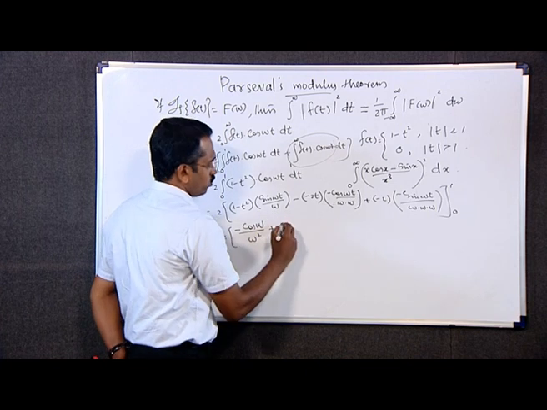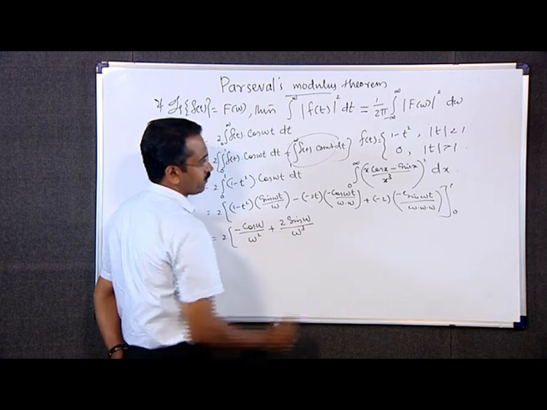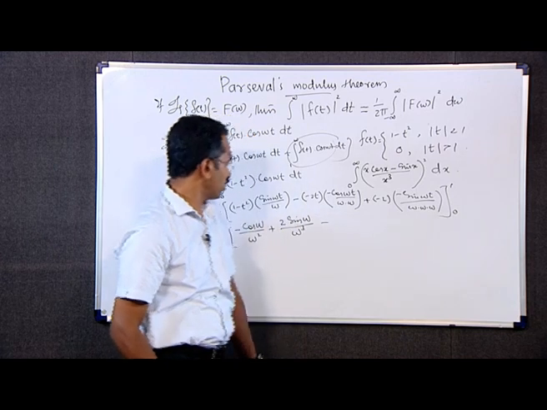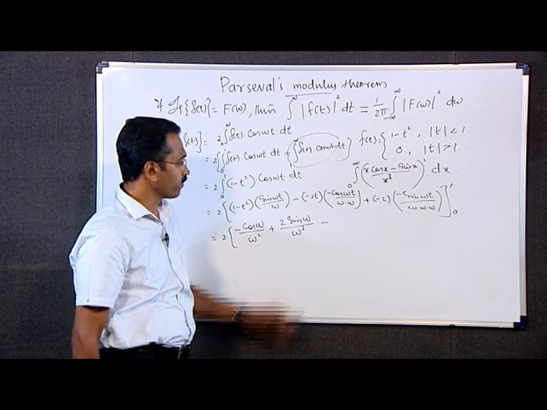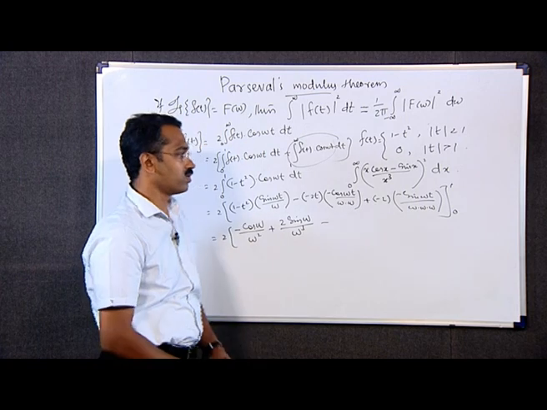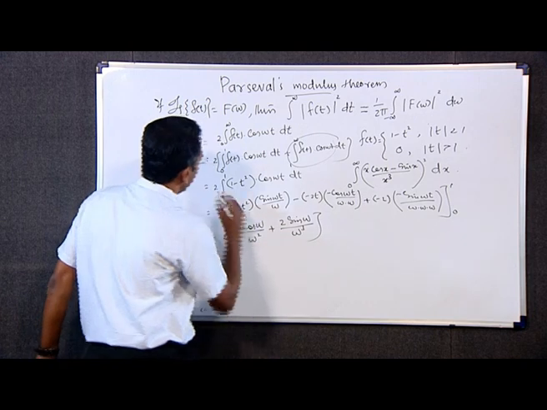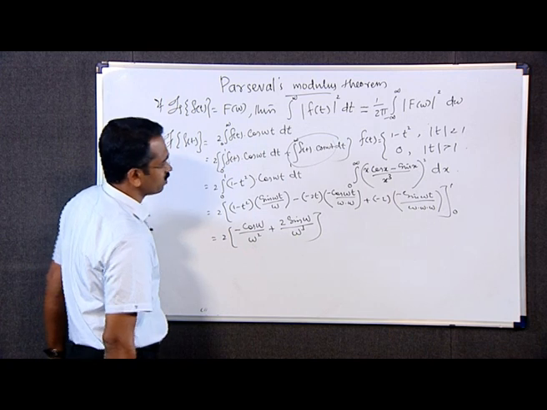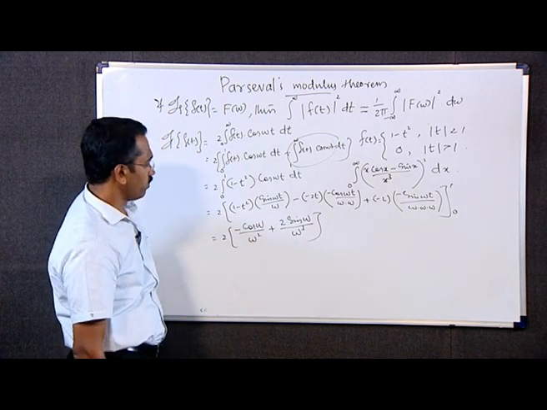Therefore, this is plus 2 into sin omega divided by omega cubed, minus, when we apply the lower limit 0, here sin omega into 0 will become 0. This also 0. This third term also becomes 0. Therefore, the Fourier transform of the given function is 2 times minus cos omega divided by omega squared plus 2 into sin omega divided by omega cubed.